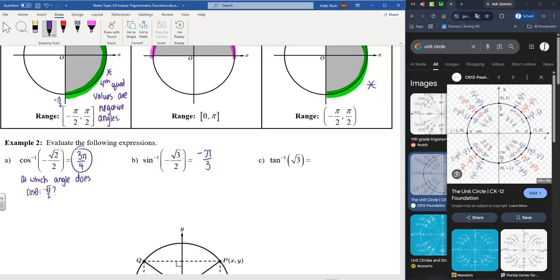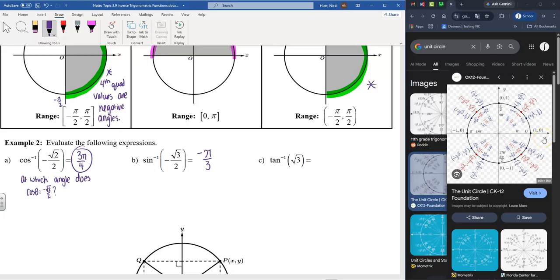Tangent's the hardest one to find because tangent's not on the unit circle. Okay. For tangent, again, we are looking for values from negative pi over 2 to pi over 2. I've got square root of 3. Should I look in the first quadrant or the fourth quadrant here? First.